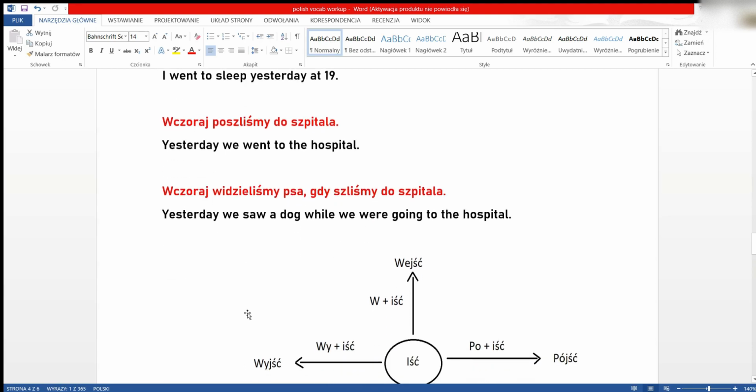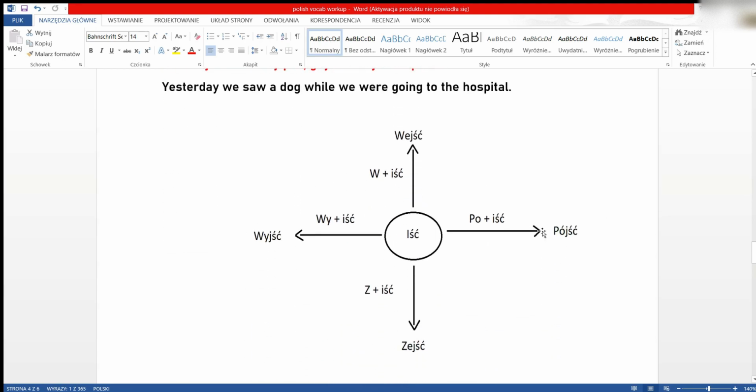And here I put a diagram I created from my own imagination. For many Polish people it's going to be a little odd or not true, but I was learning Polish, I'm a foreigner, I'm not Polish, and I built this in my mind because it makes sense to me how verbs can change in the prefix to mean something else.